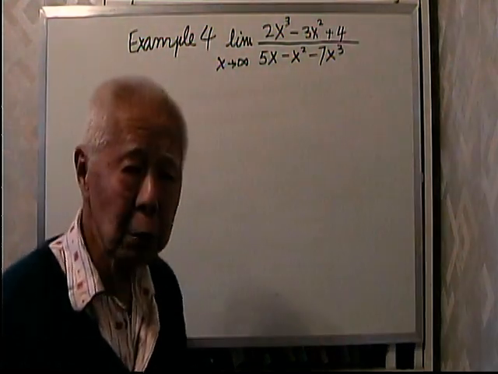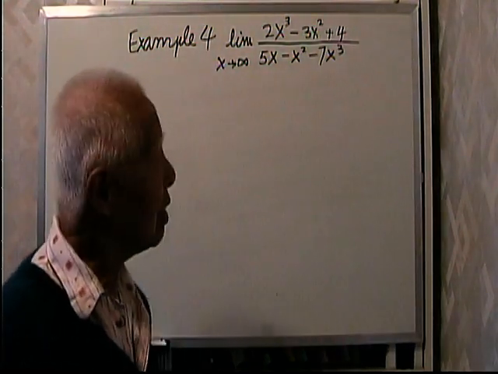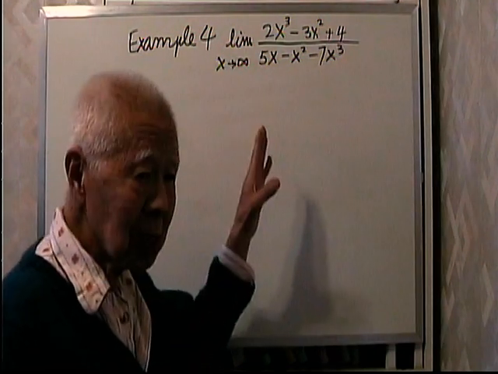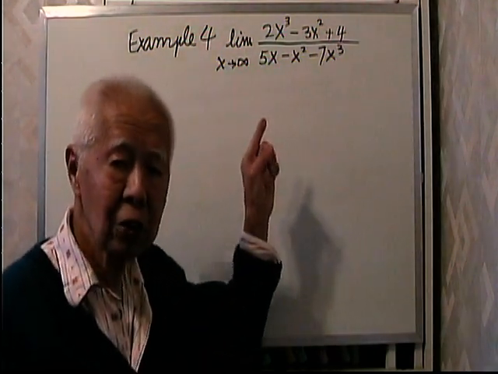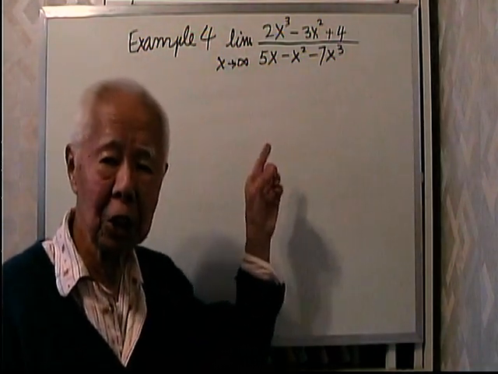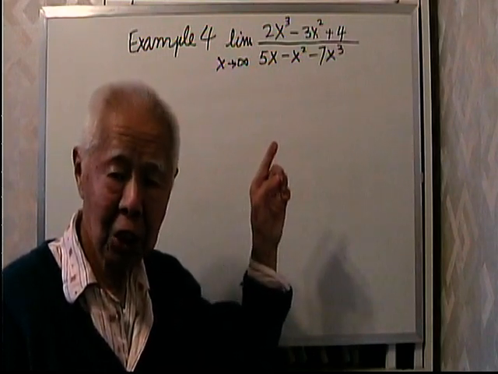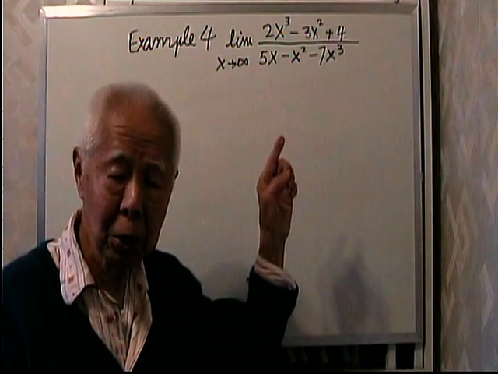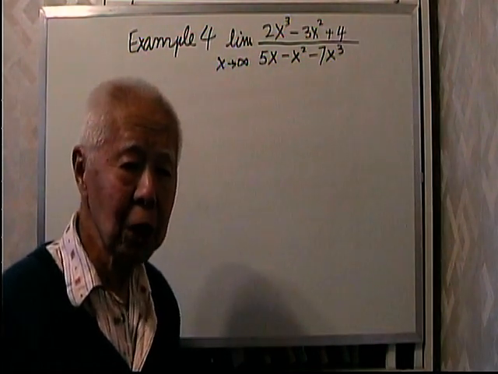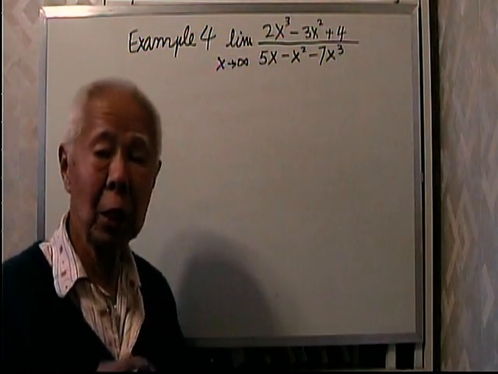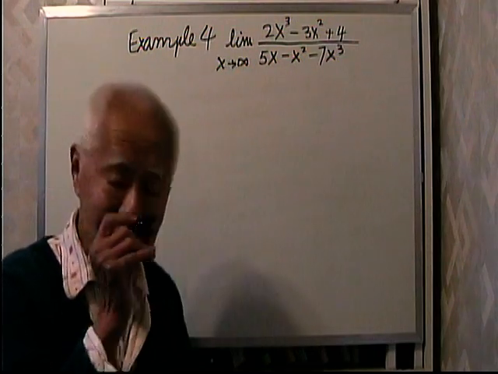So, what do we do? We divide both the numerator and the denominator by the highest power of x. In this case, it's x cubed. So we divide the numerator by x cubed, and we divide the denominator by x cubed.